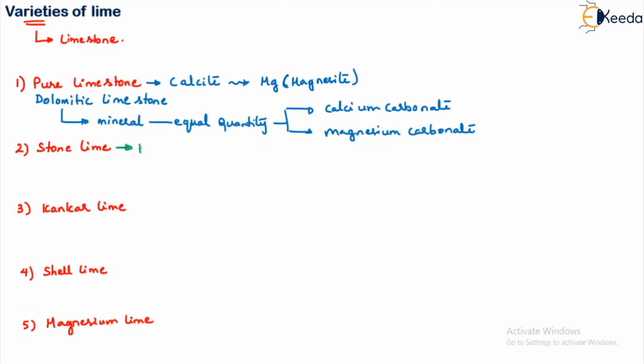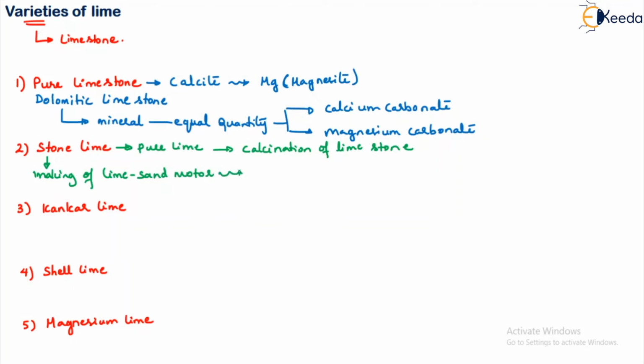Now, this is generally the purest form of lime and is obtained by the calcination of limestone. Generally, we use this particular type of stone lime in the making of limestone mortar, lime sand mortar, which is used for the superstructure, and also in the lime surkhi mortar.